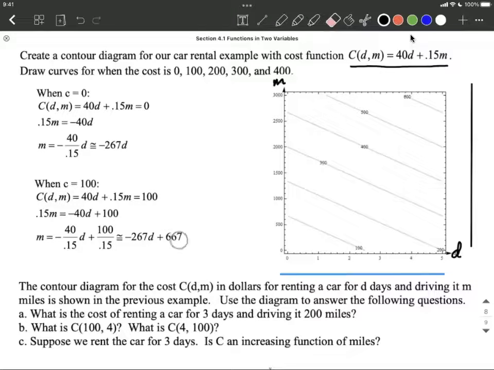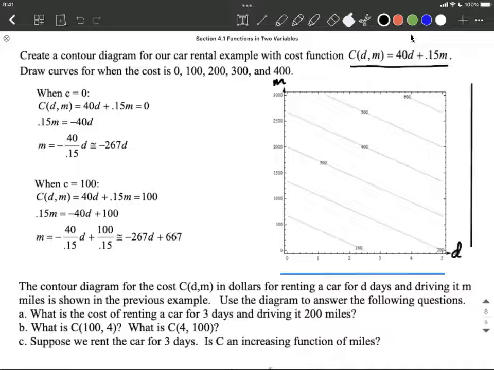So there'd be a y-intercept of 667, and the slope of this line is going to be -267. Don't worry too much about mapping these out. I'm not going to be asking you to draw these contour mappings, but we do need to know how to read them and evaluate some functions based on them.